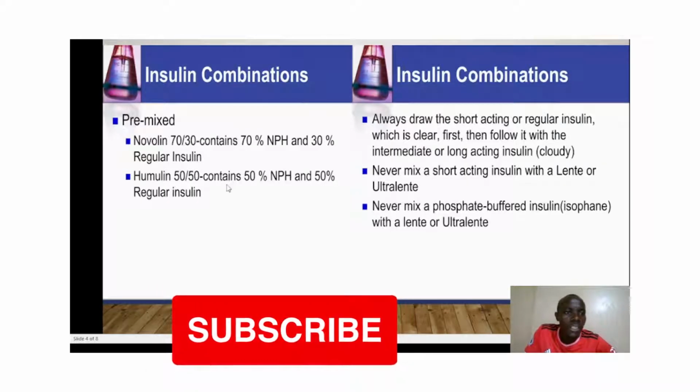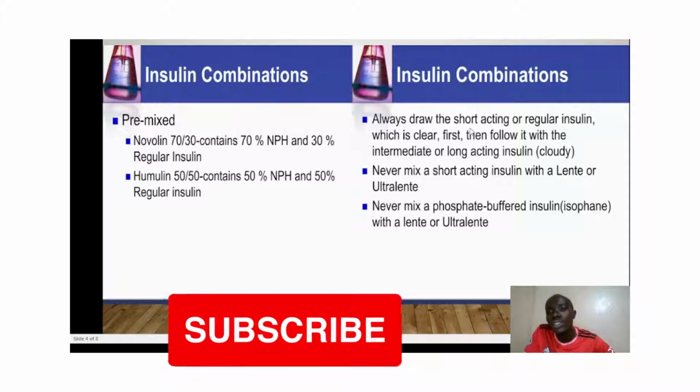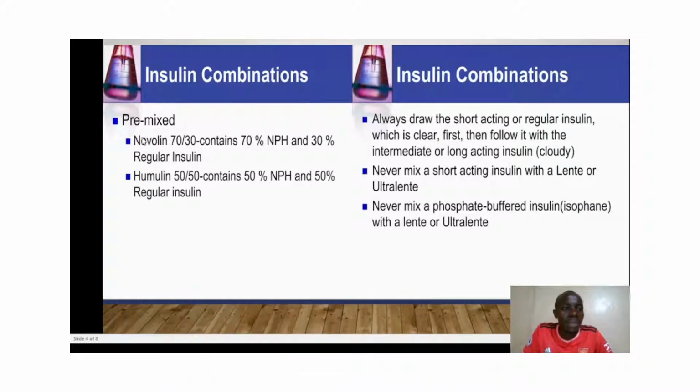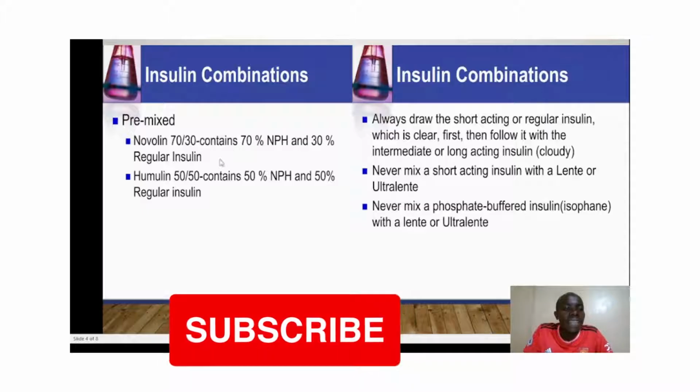Okay, so for the mixed one, at least we have had a say. We know that we should always draw the short acting or rapid insulin, which is clear, first. So in a case where we are doing the mix, we don't have the pre-mixed. The pre-mixed, the manufacturer has already done it. But what if we have just the NPH on its own and the rapid on its own? What are we supposed to do?